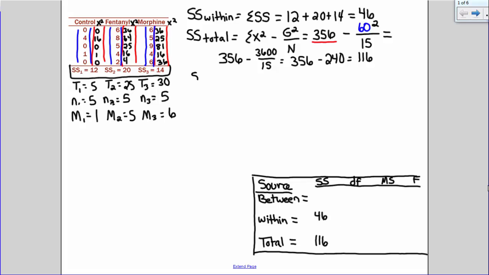So I could do sum of squares between is equal to the sum of squares total minus the sum of squares within. And 116 minus 46 gives me 70. Put it right there in my table. But you know what? I'll show you how to confirm this using the formula for sum of squares between. So sum of squares between.